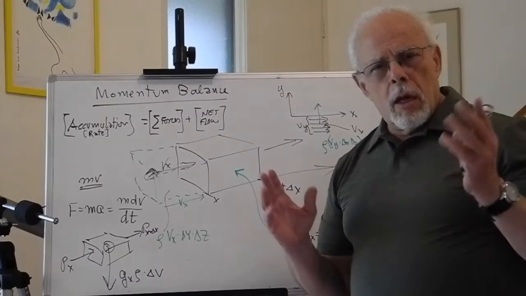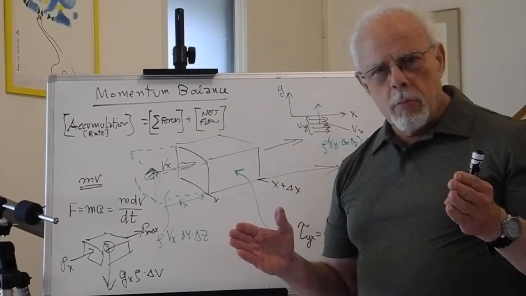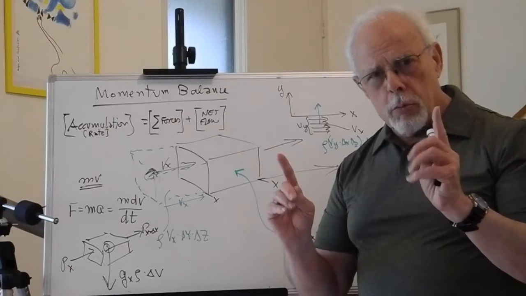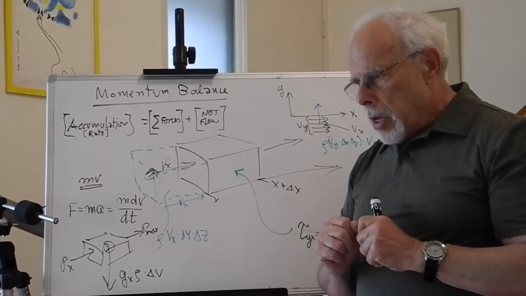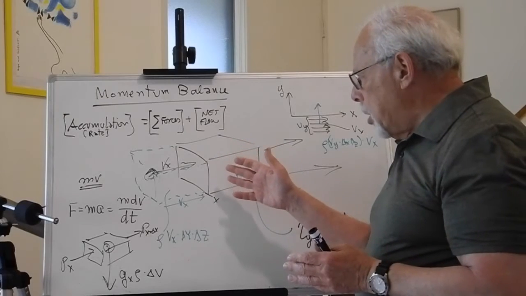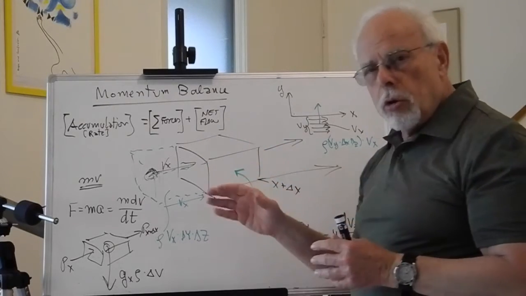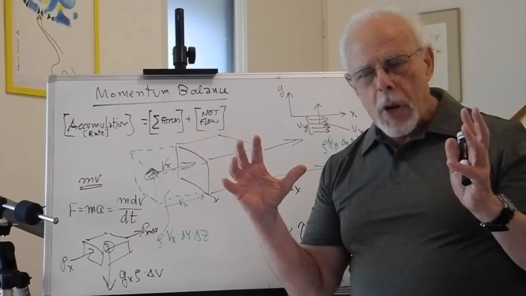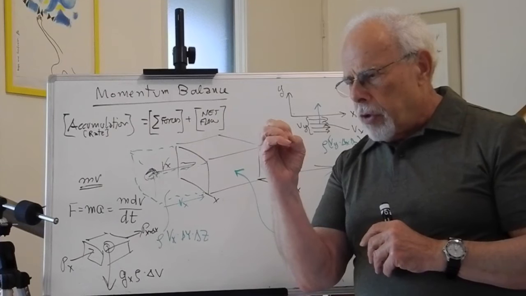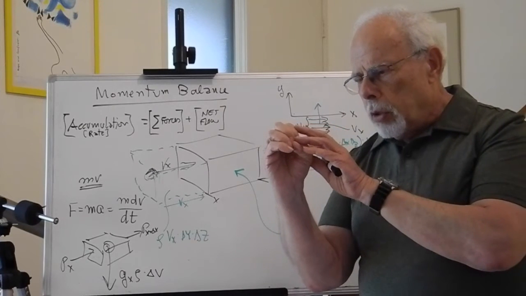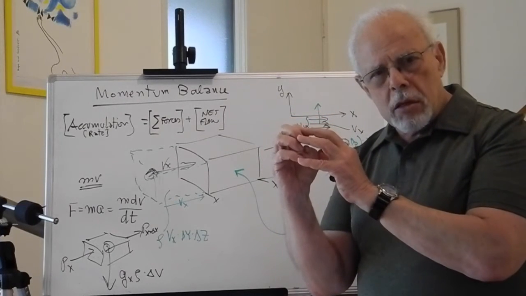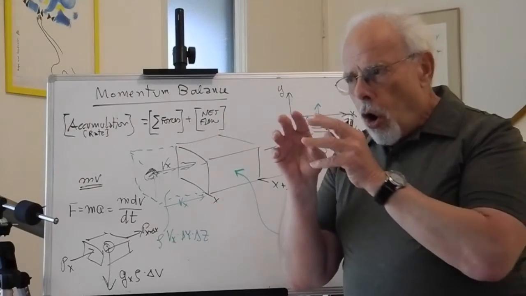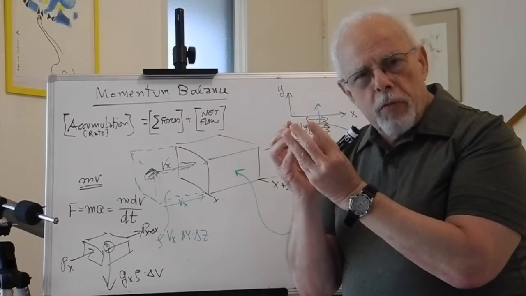Here are the details. Balance of momentum within a bulk of fluid in the continuum model. We simply define a small unit of volume within this bulk and ask ourselves, how will we express Newton's law over this volume?